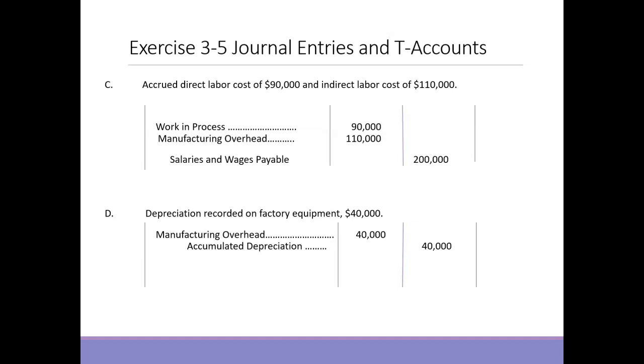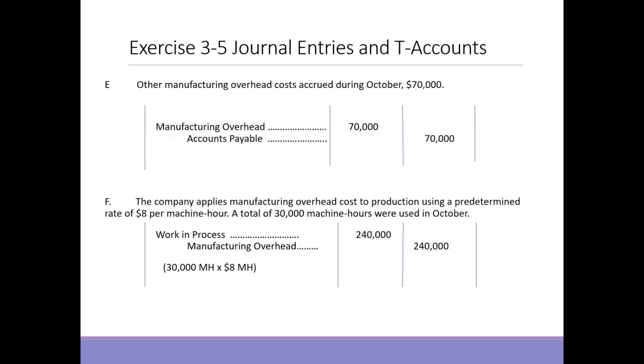That's all going to be manufacturing overhead. It's not assigned to a specific job. Then, other manufacturing overhead cost accrued during October, $70,000. We debit our manufacturing overhead and we credit our payable.